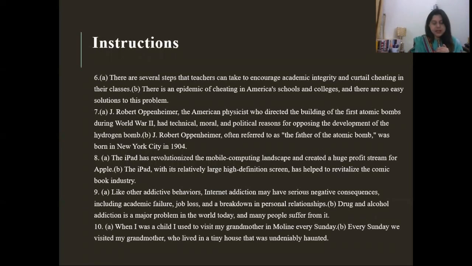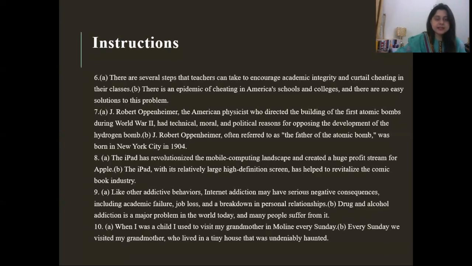अच्छा जी, ठीक है. Now again, let's look at yet another example of an effective thesis statement. Okay. There are several steps that teachers can take to encourage academic integrity and curtail cheating in their classes.